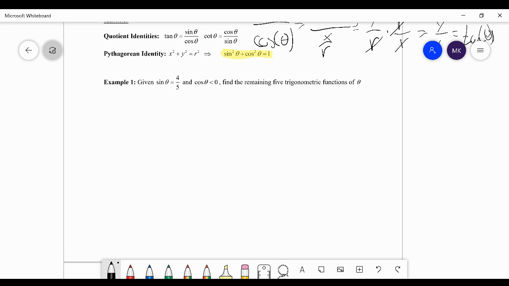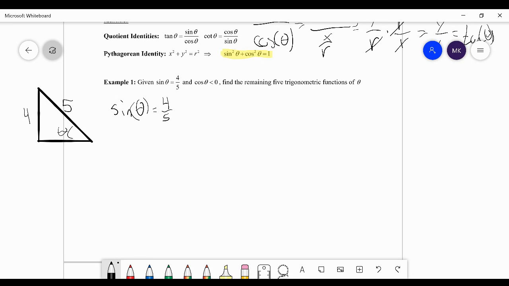So we know that sine of theta is 4/5. Now I'm going to draw a little triangle over here. So let's say this is our theta. Sine is opposite over hypotenuse, so this side here is 4 and this is 5.